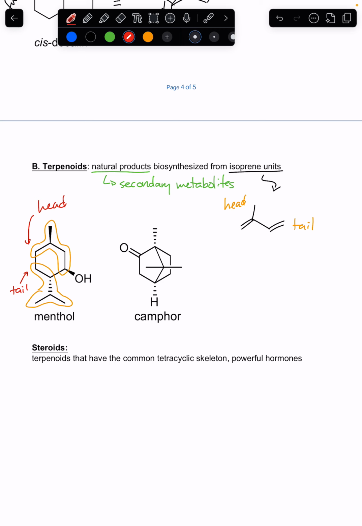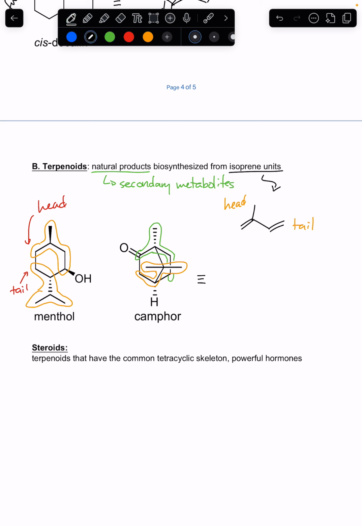So does camphor, by the way, and hopefully you can see the two isoprene units. Here's the head, here's the tail, and then here's, I'm just going to use a different color. Here's the head, and here's the tail. Okay, so that's camphor, which, by the way, is a bicyclic compound.